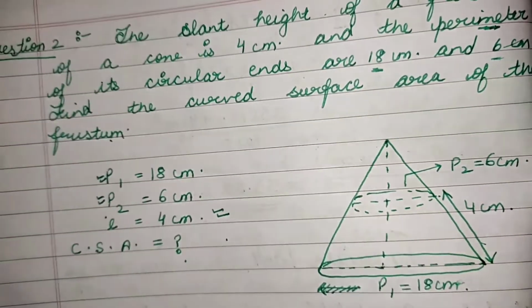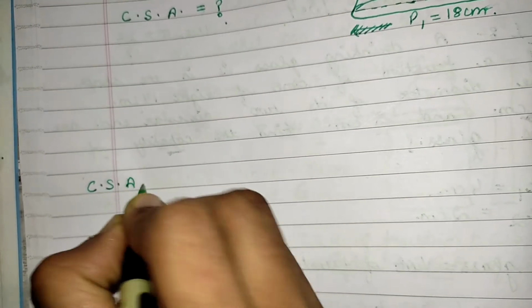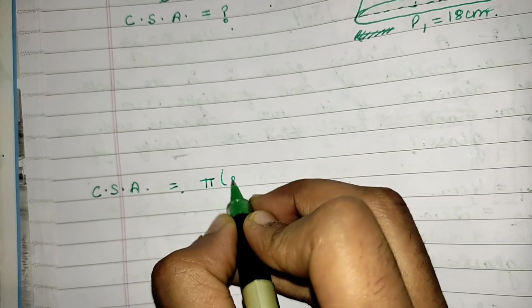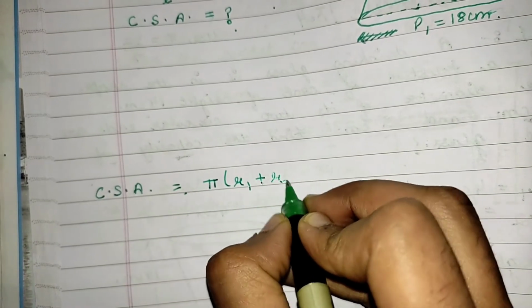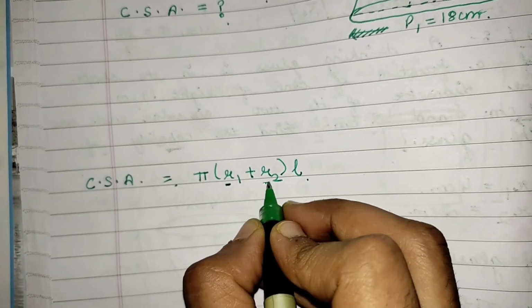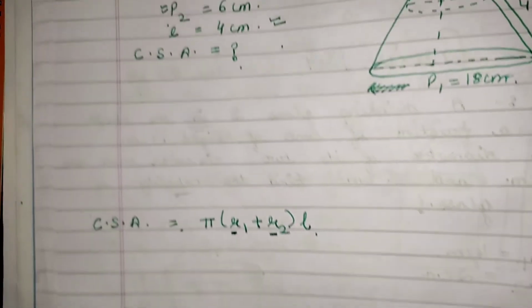So to find out the curved surface area of the frustum, what is the formula? Curved surface area is given by pi into R1 plus R2 into L. So for that we should know about R1 and R2. So how to find out R1 and R2?